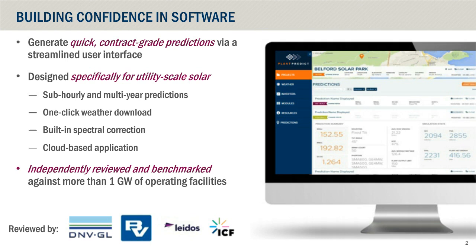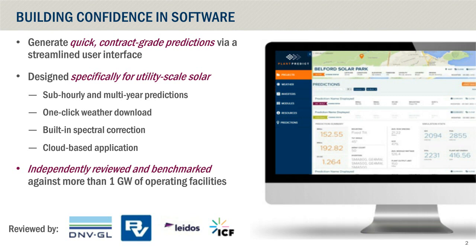We've benchmarked PlantPredict against more than 1 gigawatt of utility scale power plants and found that it does a really good job of estimating the amount of energy that comes. We also didn't reinvent the wheel when it comes to algorithms. So we recognize that the algorithms that govern how much energy is going to come out of a power plant largely have been around for decades.